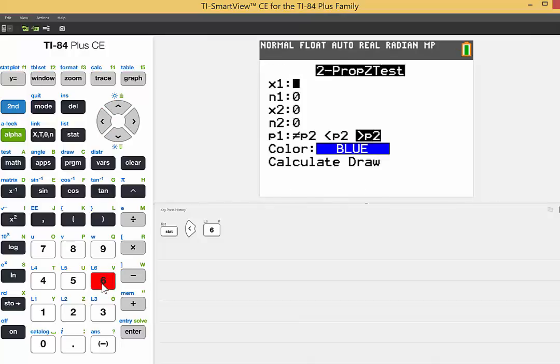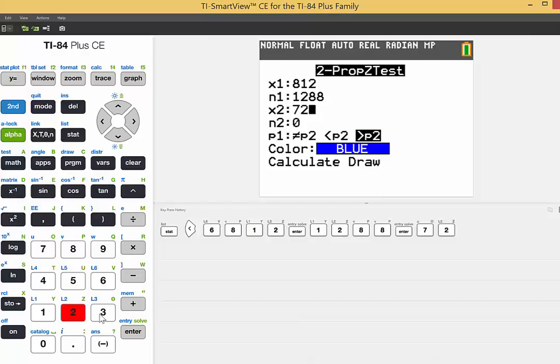And what we'll need to tell the calculator is what was the value for x1, n1, x2, and n2. So x1 is 812. And n1 is 1,288. x2 is 723. And n2 is 975.